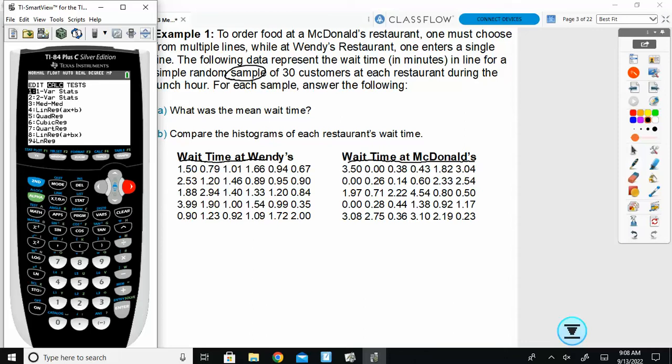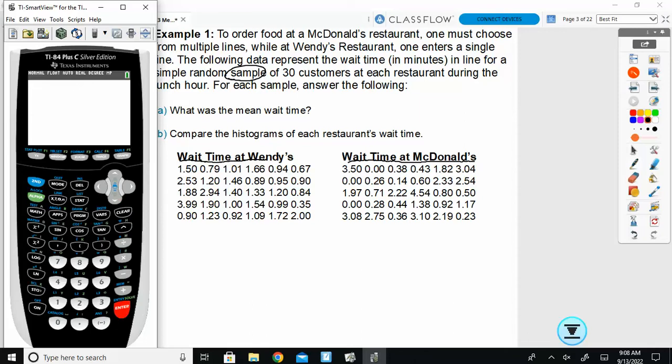Now we have two sets of data, so we're going to do two-variable statistics. We have to make sure these things are correct. The X list should be L1, the Y list should be L2, so that we have both of those lists in there. Frequency list, don't put anything there.